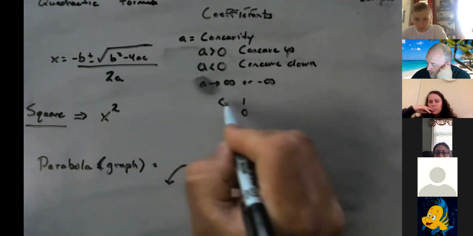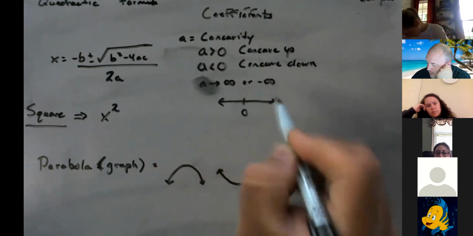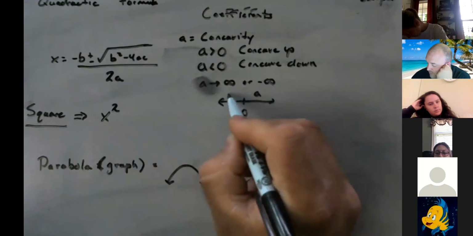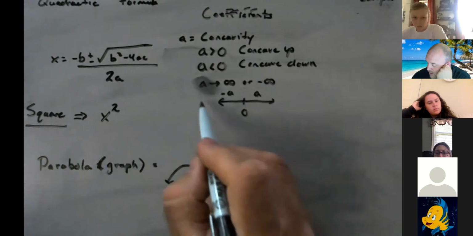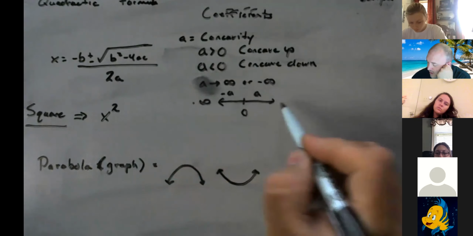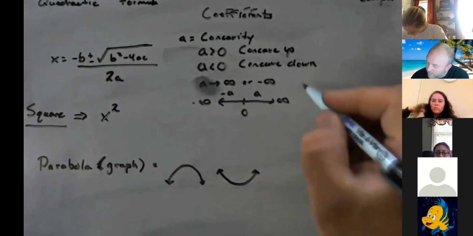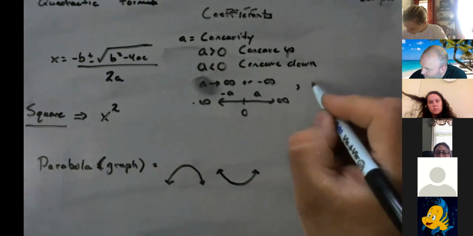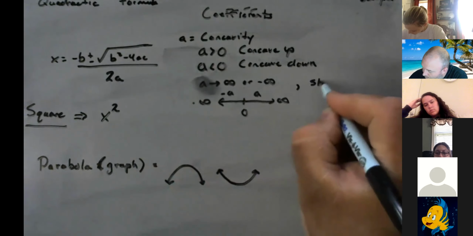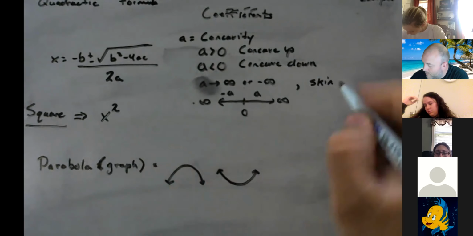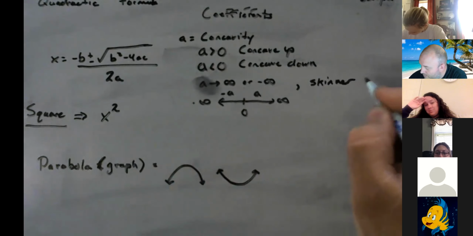So if we're having 0 kind of at the guideline here, we're talking about positive A and negative A. If they go from negative infinity or go to positive infinity, the further away from 0 it goes, the skinnier it is.